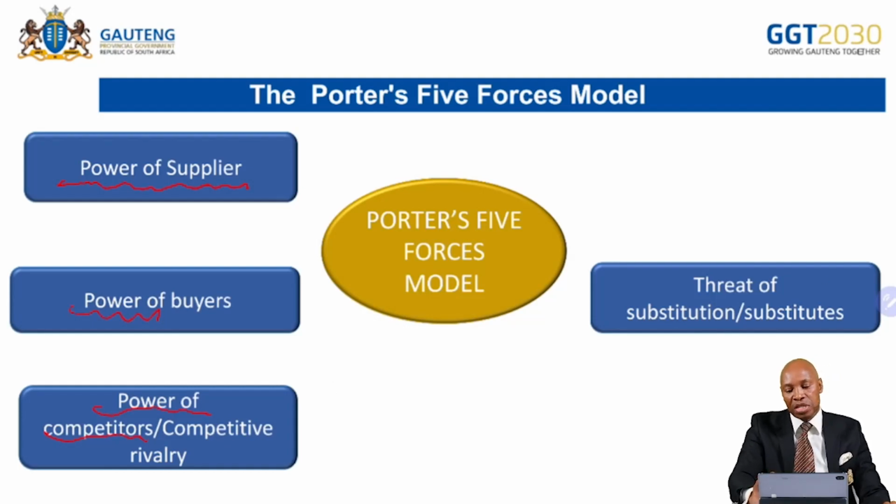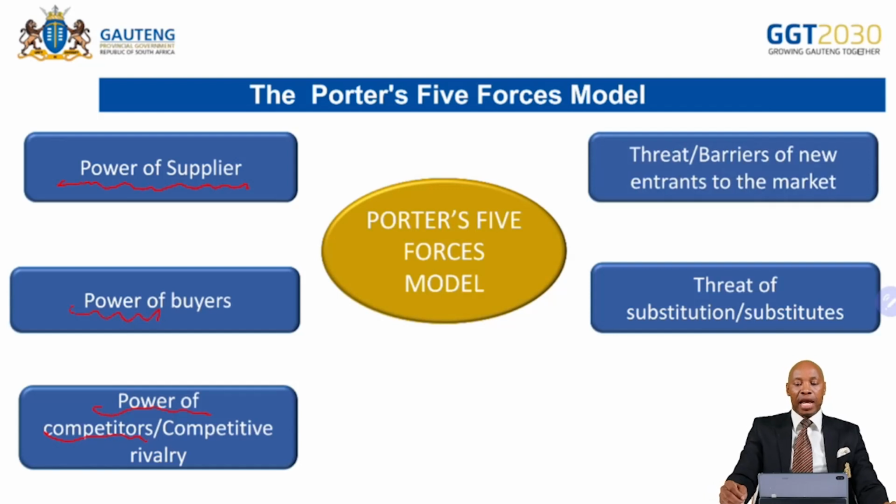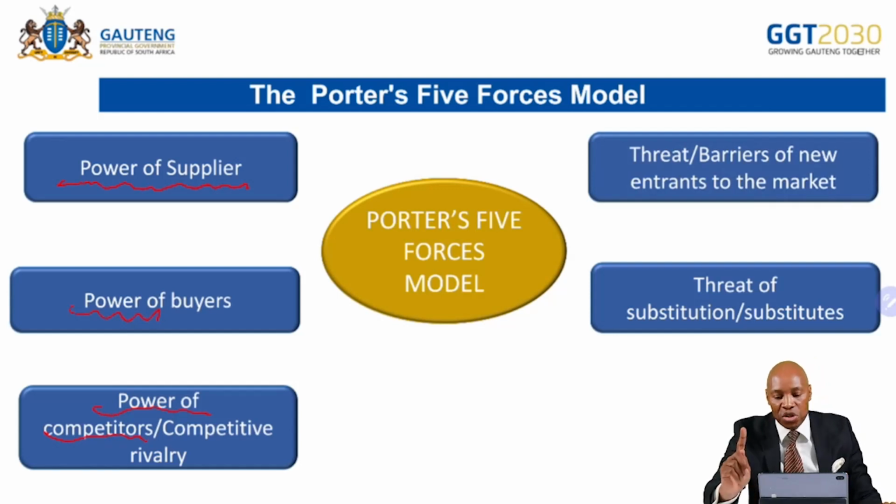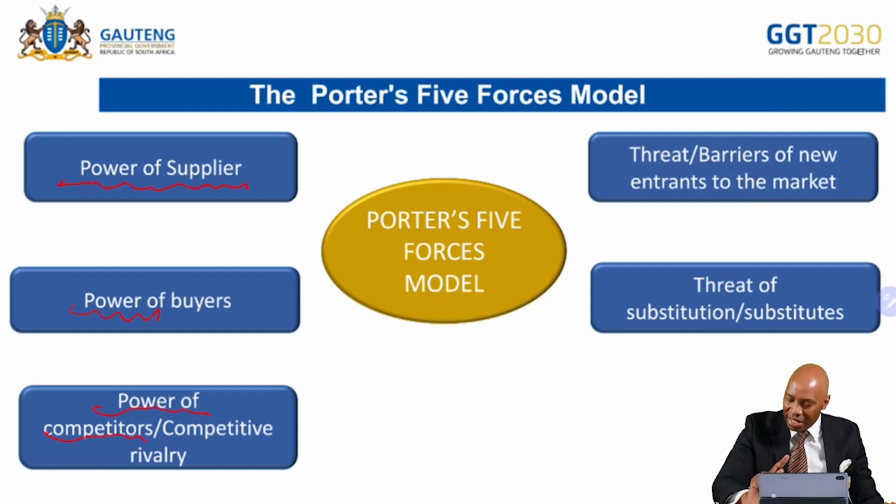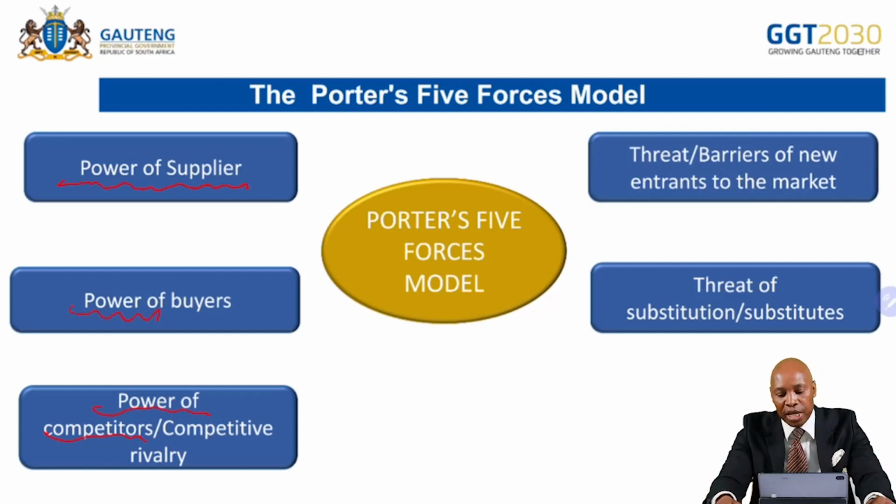Then let's take the last one: threat of new entrants to the market. It's important, candidates, that you write the model the way it is. Please don't write threat of new entrants only. It should be to the market. Write it the way it is. I hope we are together on that.